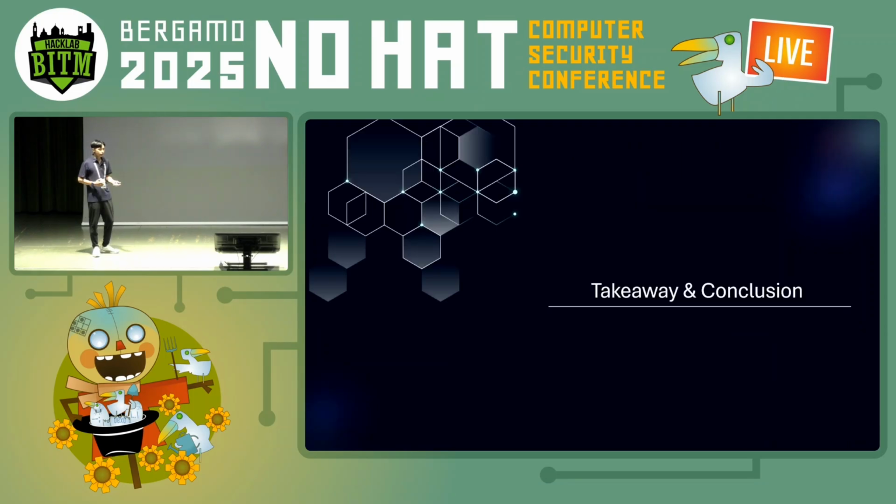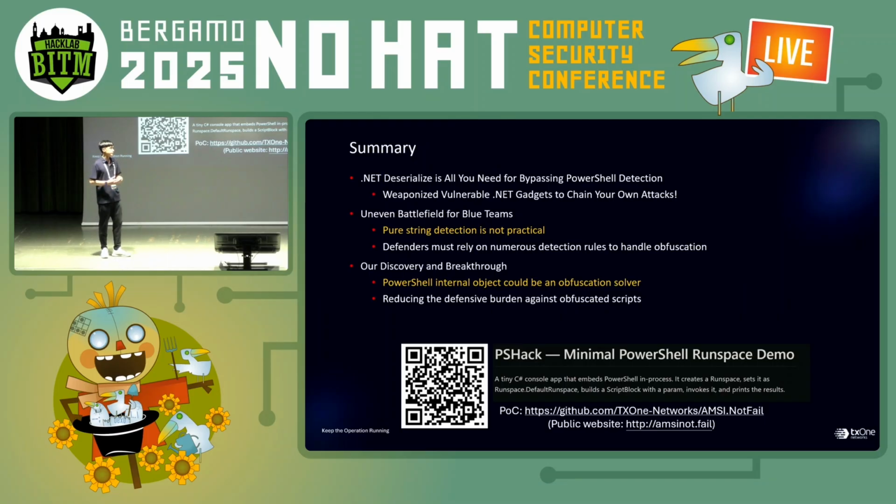So here is our takeaway and conclusion. In this talk, we went through raiding and blue-teaming in PowerShell. On the raiding side, we use .NET deserialization to help us bypass the whole PowerShell visibility. And we also use the AMSI provider.